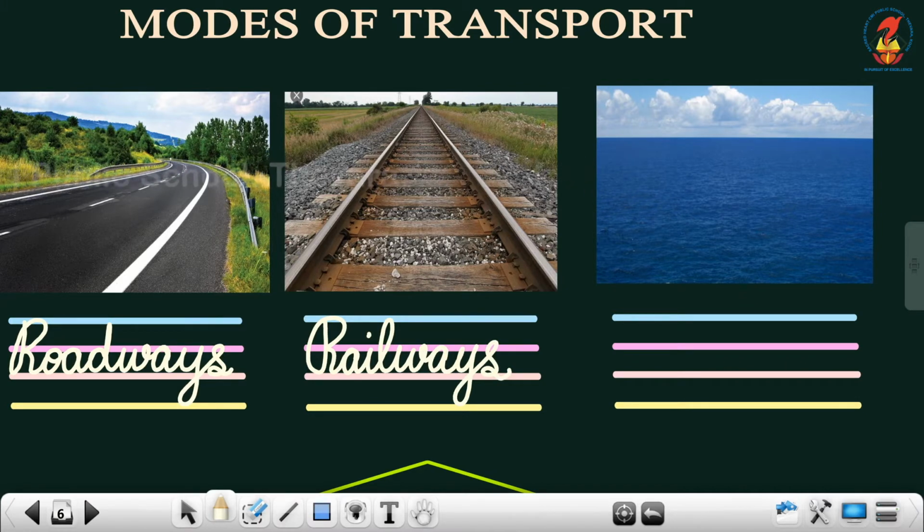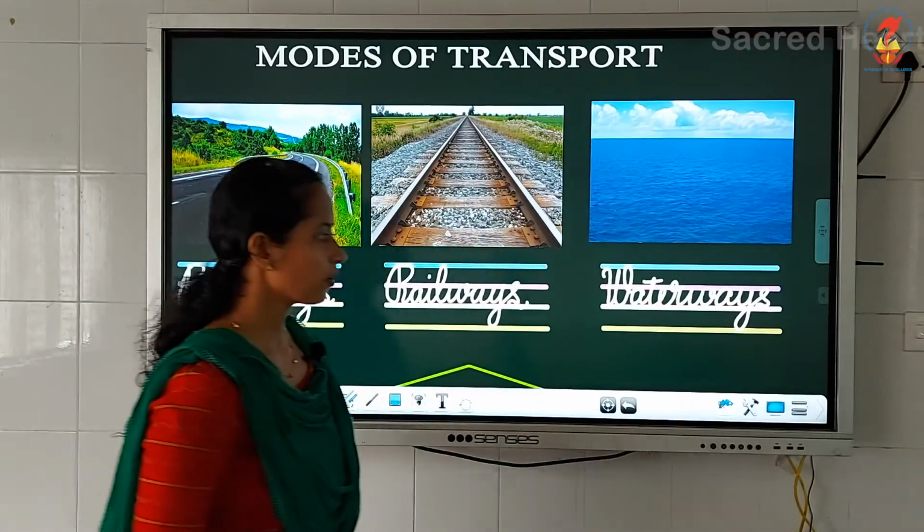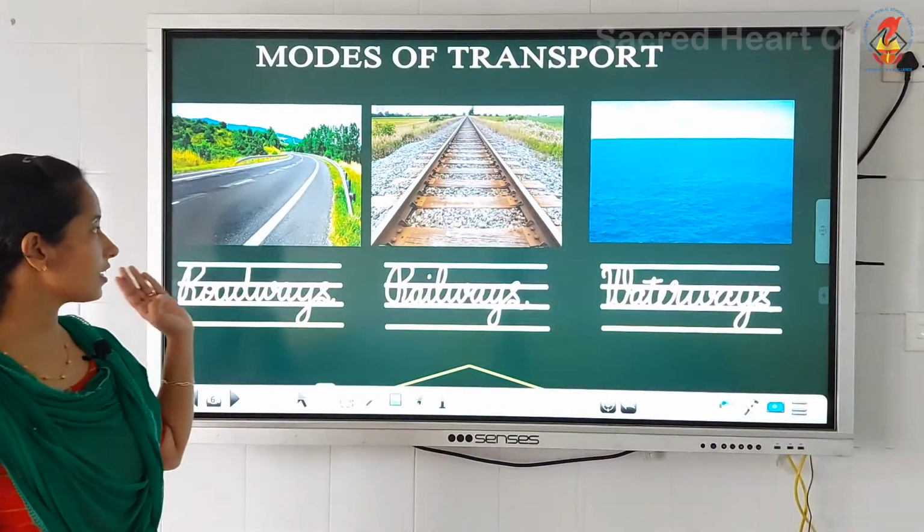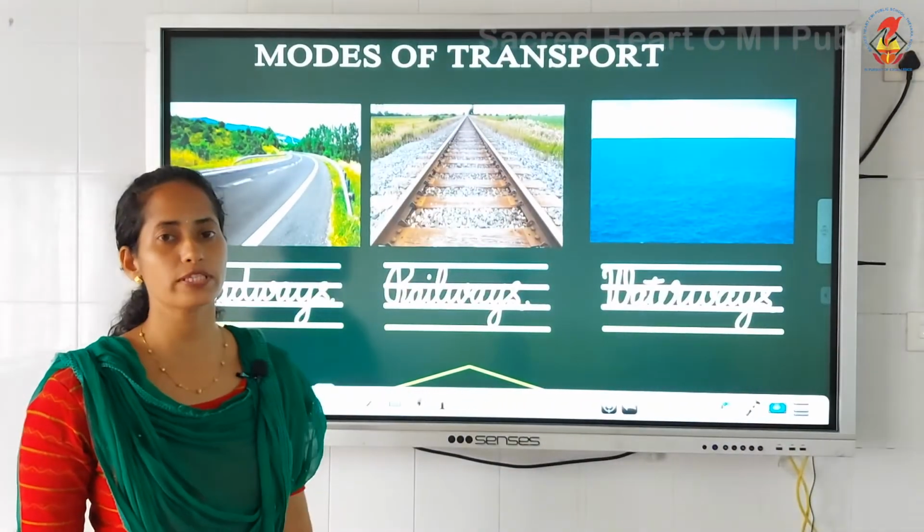And again we use waterways. So these are the different modes that we use for traveling.